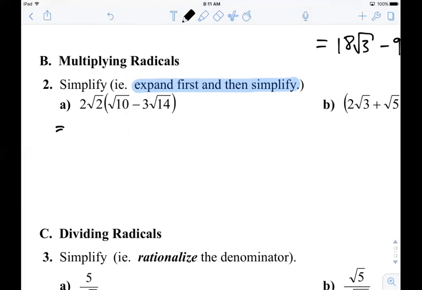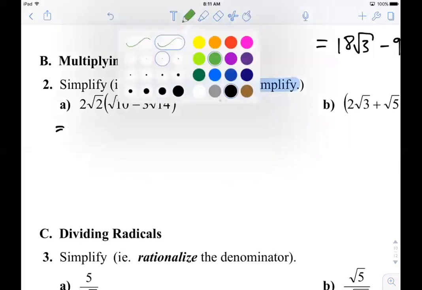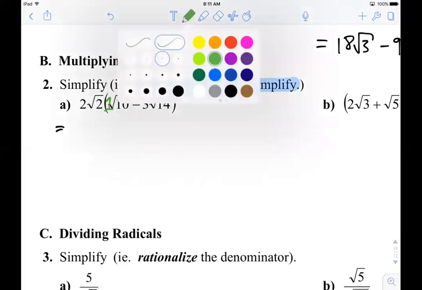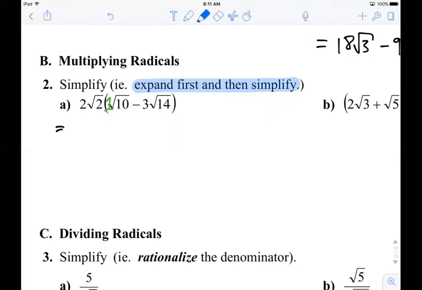So to do that, we multiply any of the coefficients together. So you can think of this, if you want, as sort of like 1√10. So if you just see a radical with nothing in front of it, just the same way that if you see a variable with nothing in front of it, you can pretend it's just got a 1 in front of it. So let's multiply the number parts.